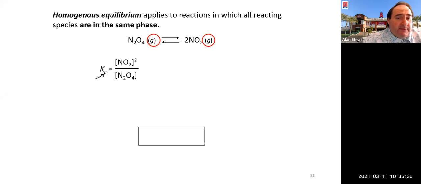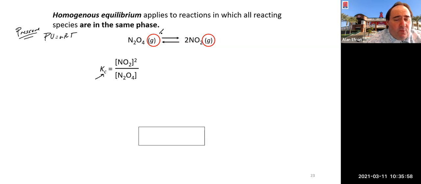Now, when we deal with something like this reaction where we have pretty much all gases, we also think about perhaps a different type of unit, and that would be pressure, right? So when we think about gases, we think about pressure, PV equals nRT, for example.